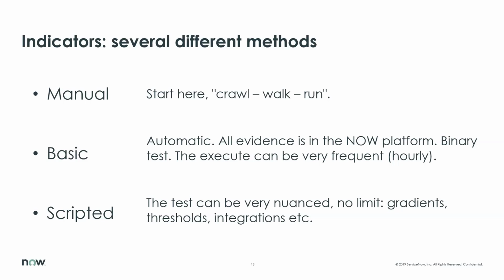This gives us the full power of the platform. This is where we can do things like using PA thresholds and targets and limits. We can also use this to leverage some of our integrations and so on. So the sky's the limit with scripted, but we're going to start over in the manual section because I think that's where most of our folks are really just kind of getting their teeth cut in the platform here.